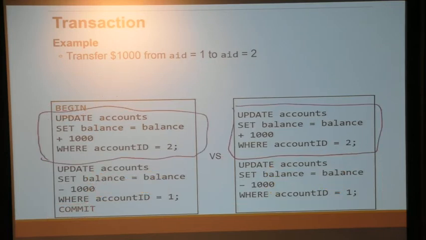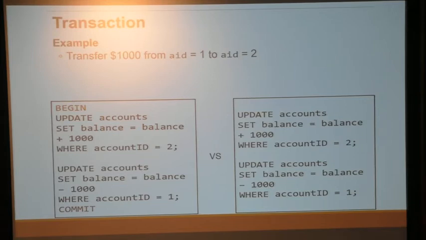so let me erase everything here. You can also create a query, for instance, you update the account, set the balance this, where account ID equals 2, and then you also need to check that the other one, the account ID, and actually no. Yeah, that one is hard.